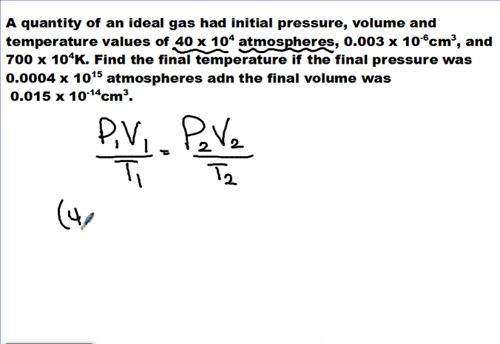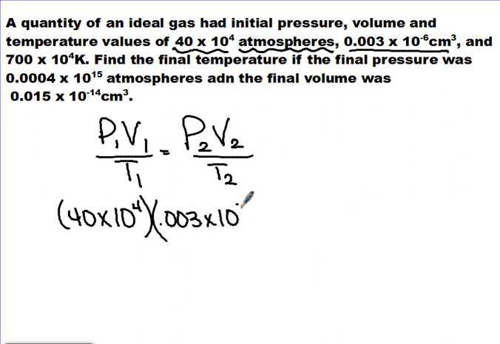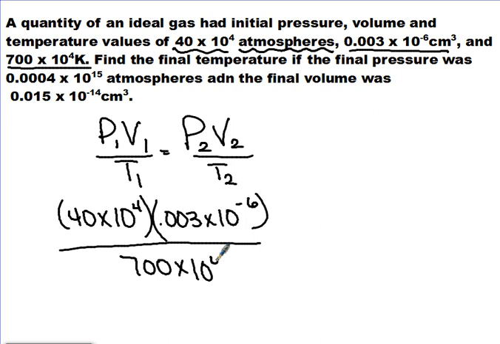Now we need volume. Volume is always measured in units cubed, so we notice that 0.003 times 10 to the negative 6 is our volume. And our temperature is given to us in Kelvin: 700 times 10 to the 4th Kelvin.